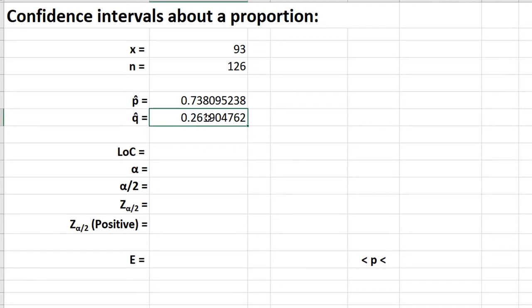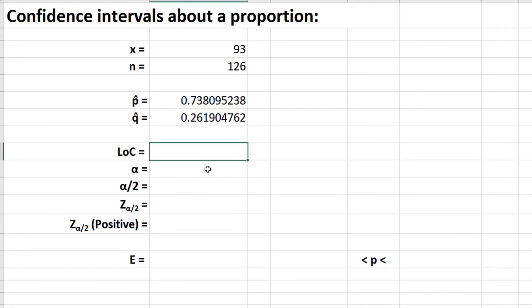We let the spreadsheet do as much work as we can, and that's why I don't just type in the literal for q hat. I type in a formula so that if these ever change in another problem, then that'll update my p hat and q hat. And we can always use this spreadsheet when I'm talking about confidence intervals about a proportion.